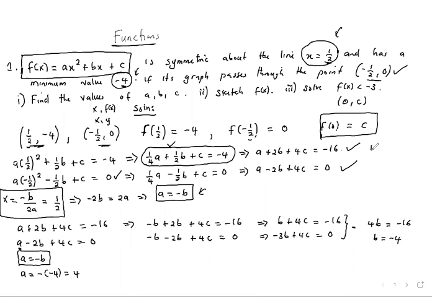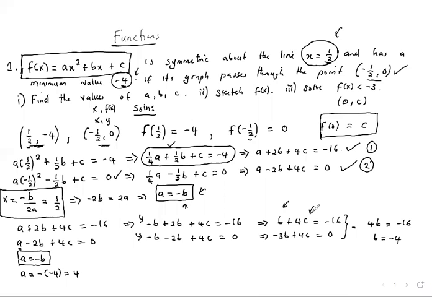So in your equation 1, where there is a, you take negative b. In your equation 2, where there is a, you take negative b. You're going to get these equations. Then you have two variables now, b and c. So you can solve simultaneously and get the values of a and b.